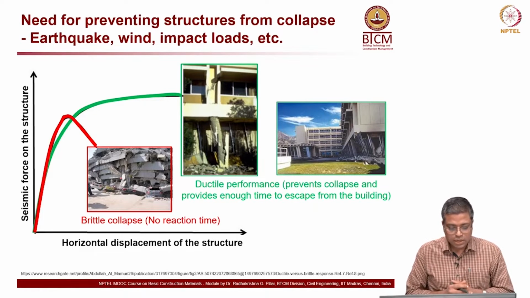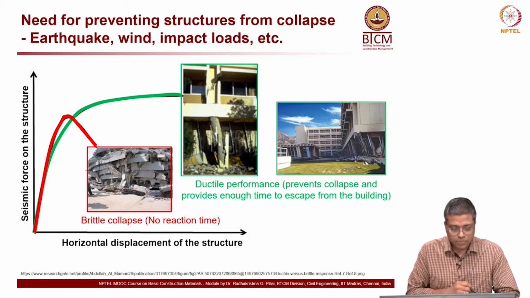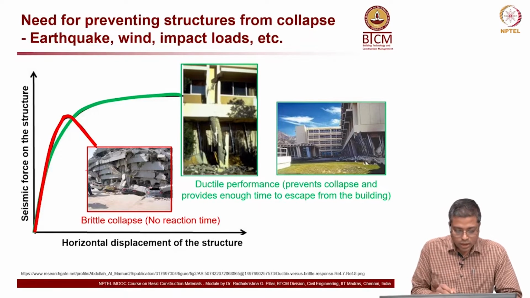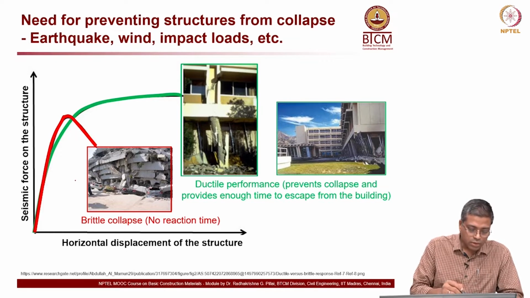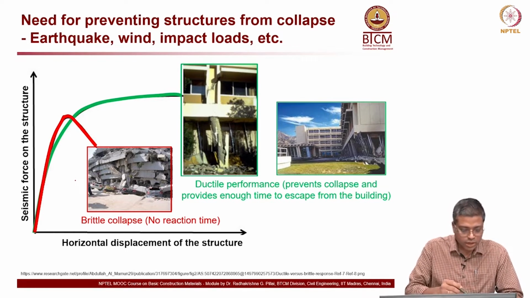Here you can see an example on the left side, the photograph in the red box. That is actually a multi-story building which collapsed due to an earthquake, and people in that building did not get any reaction time to come out of the building. So, a lot of damage both for the building and also for human lives.